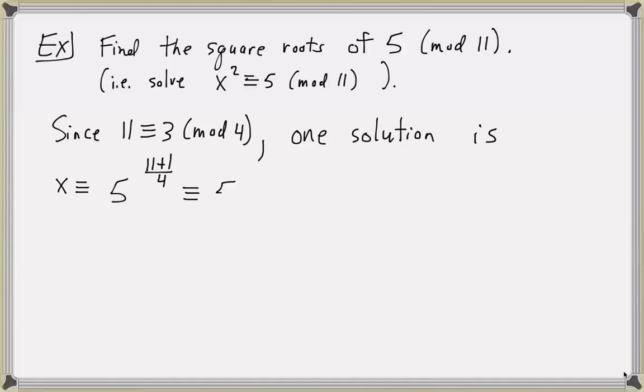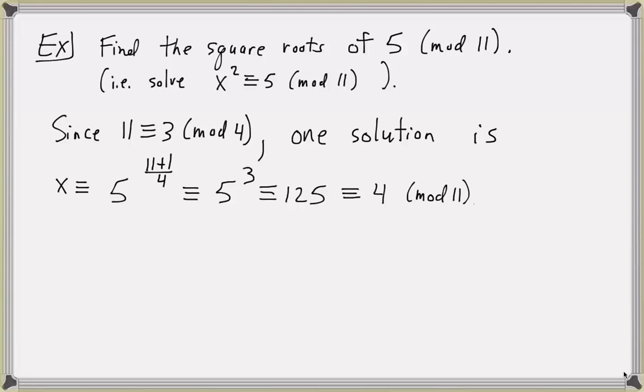So that would be 5 to the power 3, which is 125. And when we reduce mod 11, this is 4 more than a multiple of 11, so this is 4 mod 11. So one square root of 5 mod 11 is the integer 4.